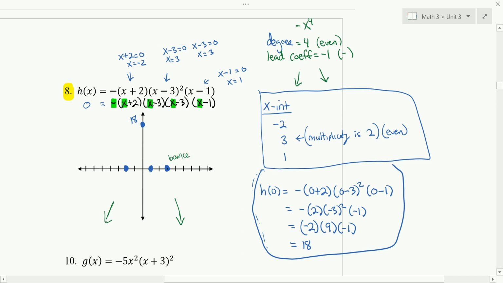So I'm going to go from left to right. From pointing downward, I'm going to move up to my first x-intercept. If there's only one, you pass through. Multiplicity of 1, you pass through. You hit that y-intercept. You get to the next intercept. There's only one of those, so you pass through. Go back to the next x-intercept. There's 2 of them, so you bounce. When you hit it, bounce back.